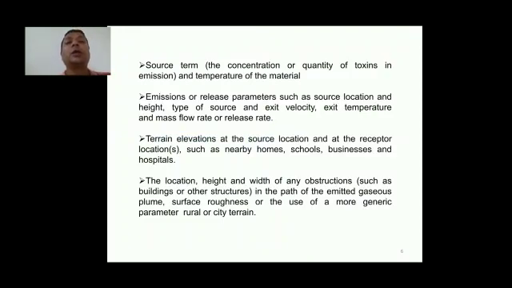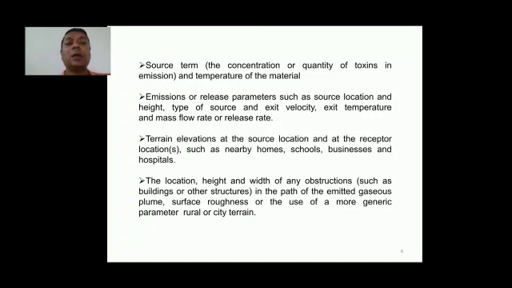Second input data, the source term: the concentration or quantity of toxin in the emission and the temperature of the material. Emission or release parameters such as source location and height, type of source, exit velocity, exit temperature, and mass flow rate or release rate.